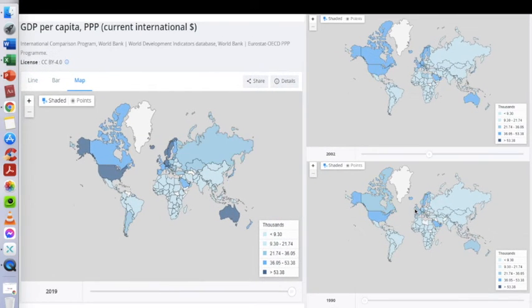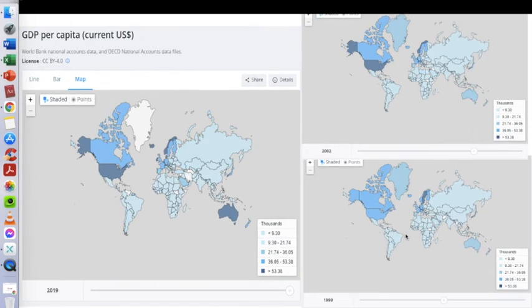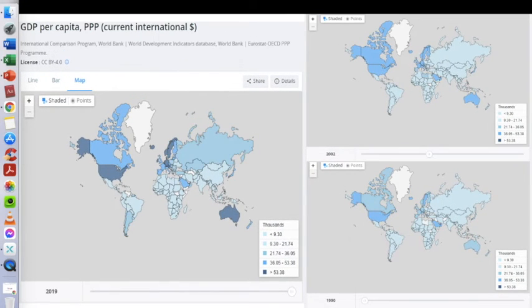You can see Scandinavia is darker, Greenland shows up, Canada is lighter, Saudi Arabia is darker again. So generally speaking, we see the trend is that PPP makes something more valuable, especially in poorer countries.